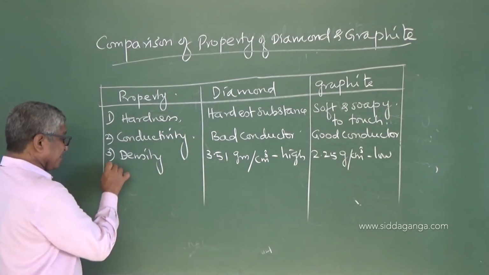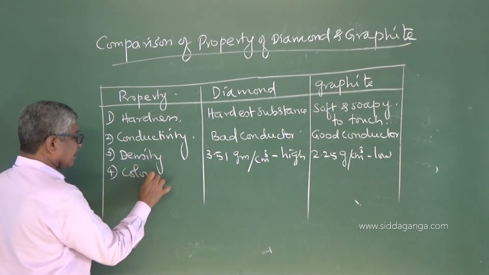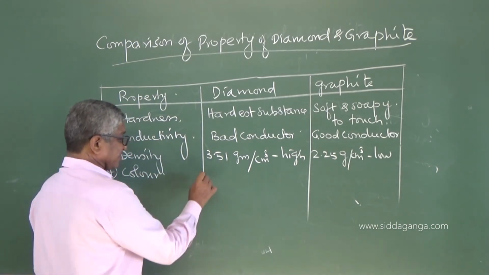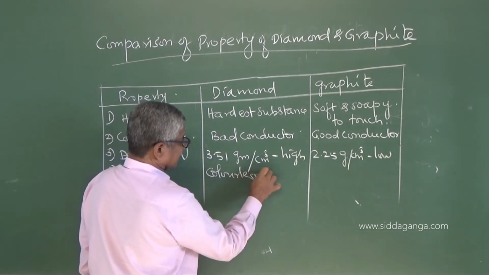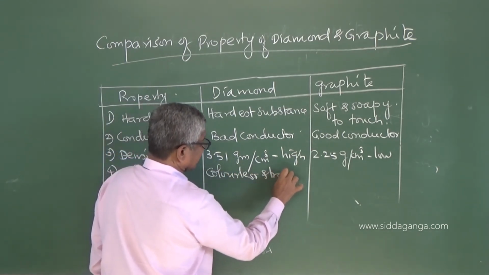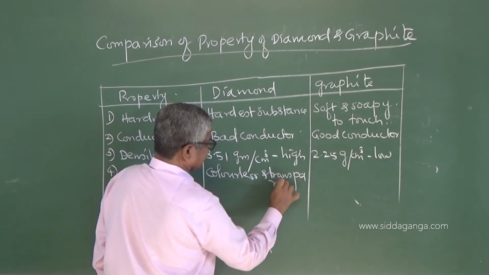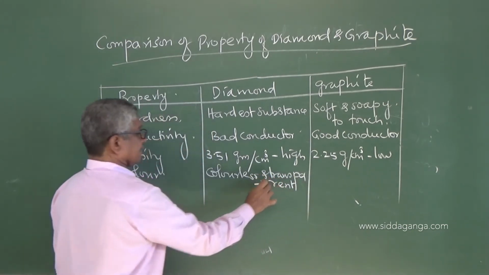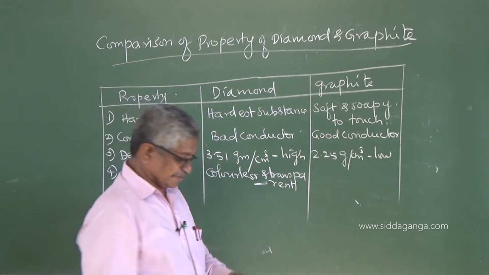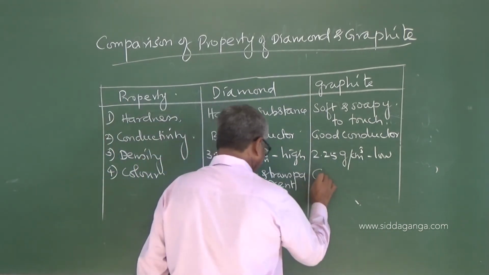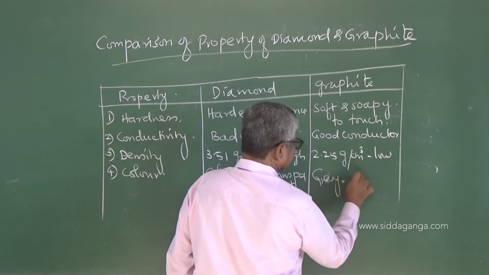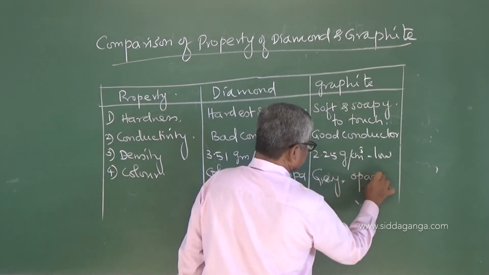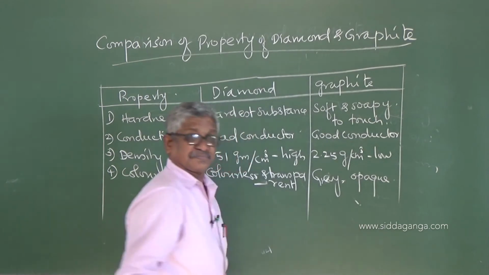Color of diamond: it is colorless and transparent. Graphite is grey and opaque, not transparent.